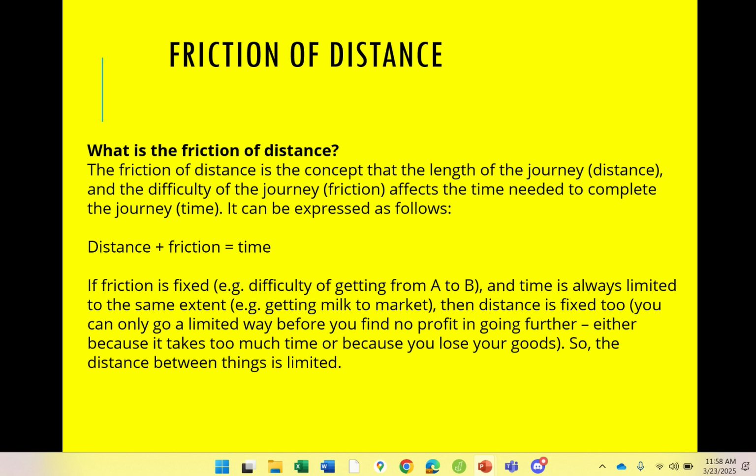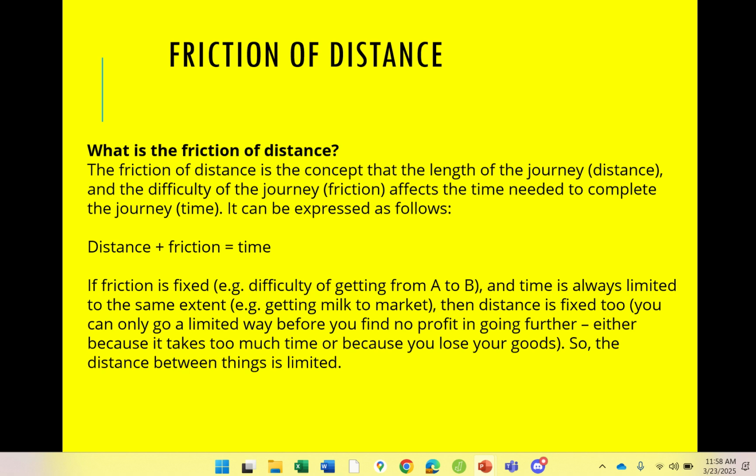Another example is traveling a kilometer on the open road compared to traveling a kilometer in a downtown big city. Both are a kilometer, but more traffic, more obstacles, pedestrians, and things in the big city are going to cause you to have a greater friction of distance over that kilometer, and you'll take longer to travel that kilometer in the city compared to the open road.